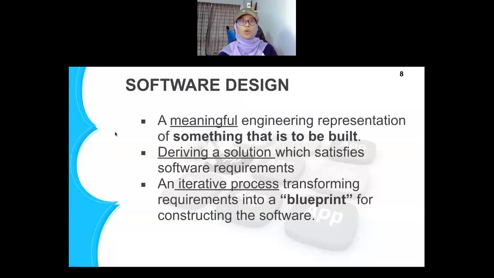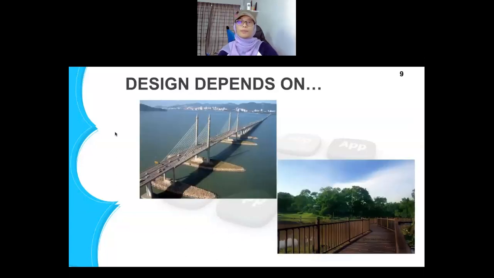You have to add in, you have to update, and that's why it is an iterative process. It may go back to the requirement, and then you may have to redesign it to fulfill the need or the requirement of the stakeholder.